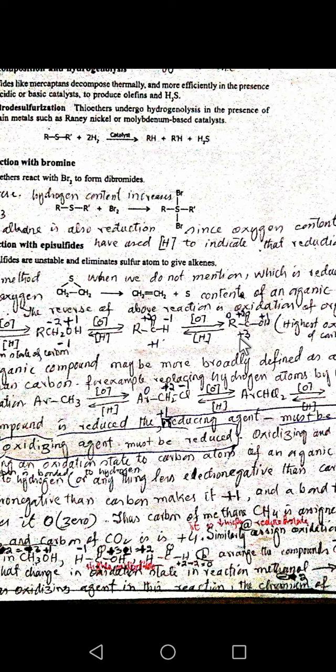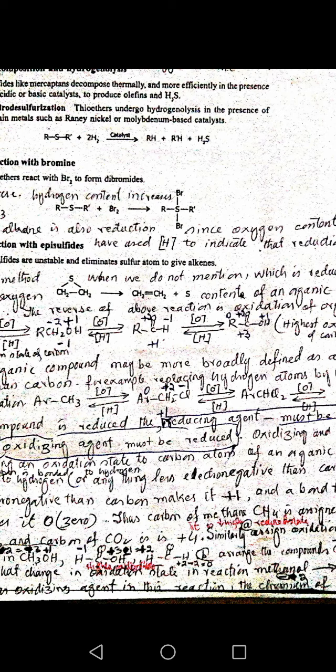This is the highest oxidation state of the carbon. Minus 3 is the lowest oxidation state of the carbon. Now the oxidizing agent must be reduced and the reducing agent must be oxidized.